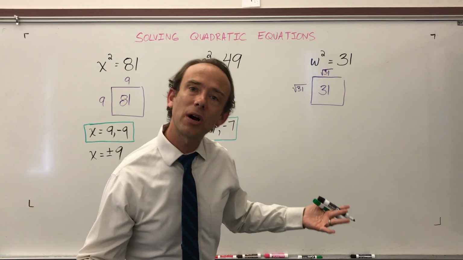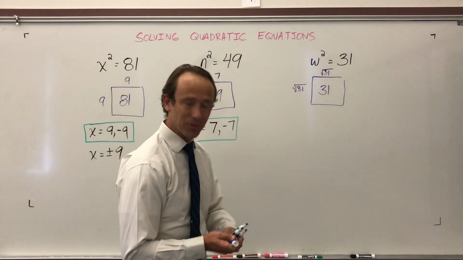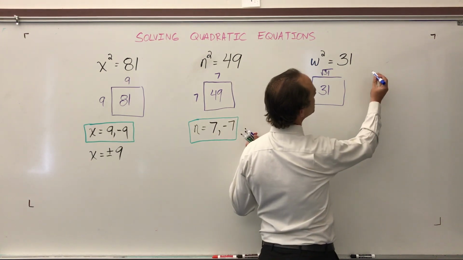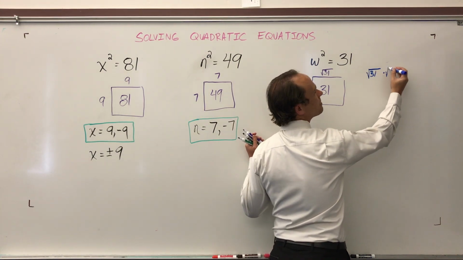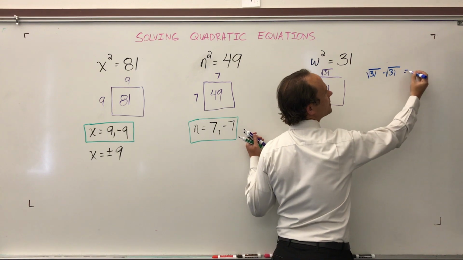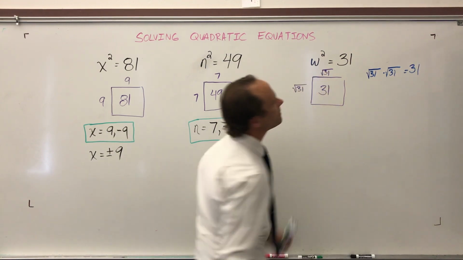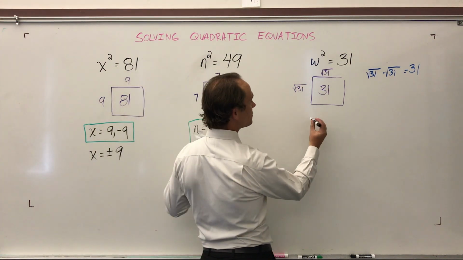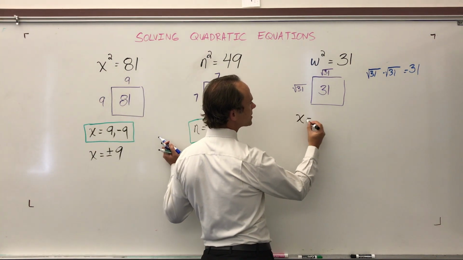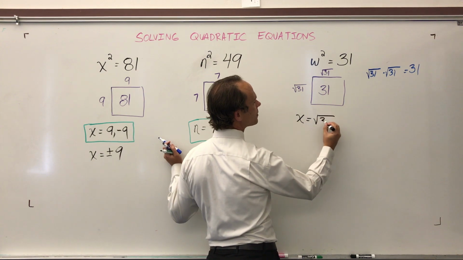That's a beautiful property about radicals. If you take the square root of a number and you multiply it by the square root of the same number, you get the value. So what does that mean for us? It means the answer is going to be the square root of 31.